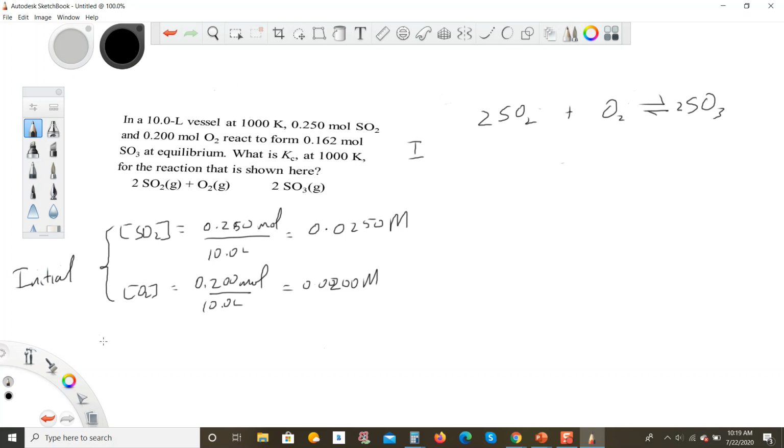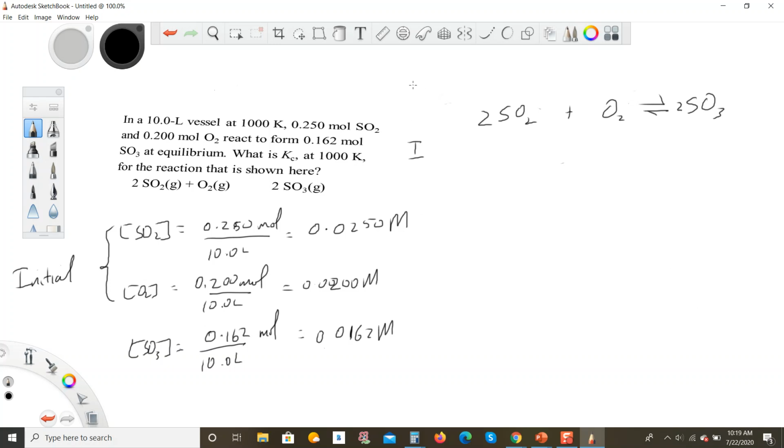According to the question, as far as the SO3 is concerned, the concentration of SO3 is equal to 0.162 moles divided by 10.0 liters. So this works out to be 0.0162 M. All right.